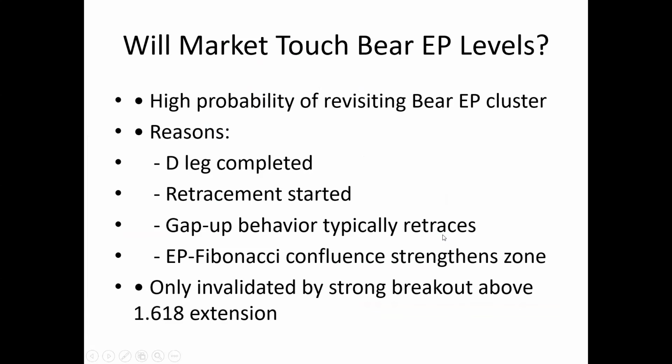So, will the market touch the bear EP levels? That is the bear EP levels cluster. It jumped over the wall. Then is there a high probability of revisiting the bear EP cluster? The first reason is the D leg is completed because it has made a move up to the 1.618 Fibonacci retracement.